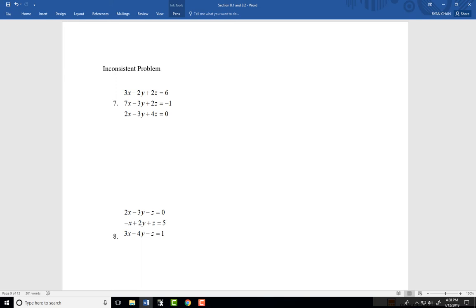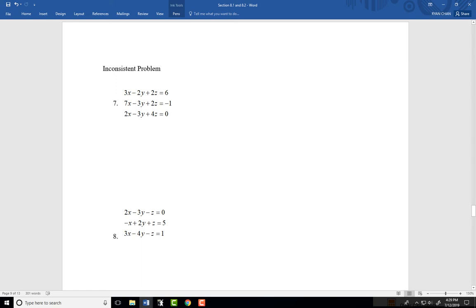And all real numbers, or an infinite set of solutions, is when all your variables drop out and you have two numbers set equal to each other. So the things from section 8.1 also apply to 8.2: you either have one solution, an infinite set, or no solution. So I'm just going to show you one last one, and then we'll call it a day.